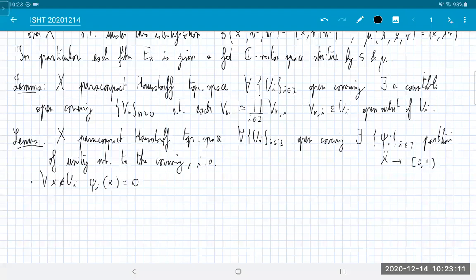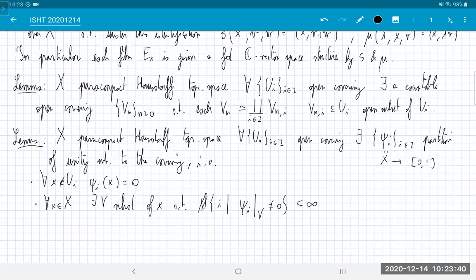For every x not in U_i, psi_i of x is 0. For any x in X, there exists V, a neighborhood of x, such that the number of functions non-zero in the neighborhood is finite.